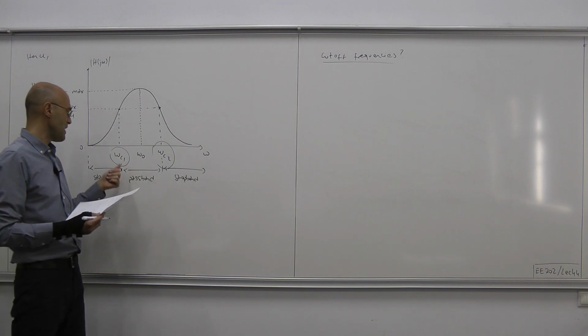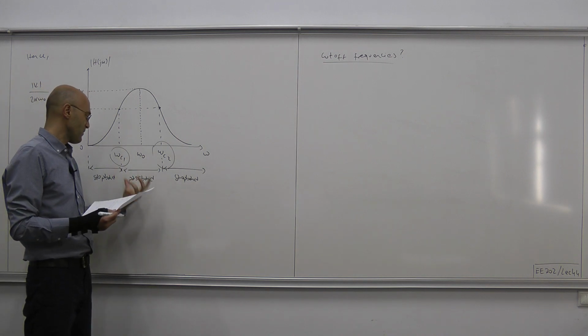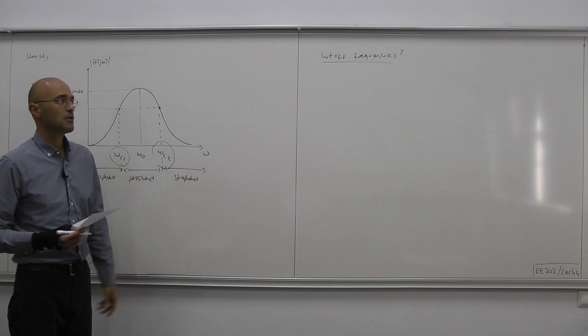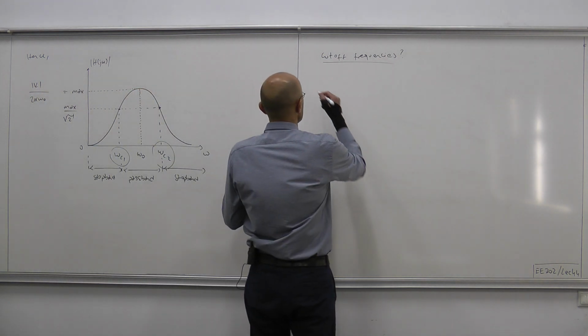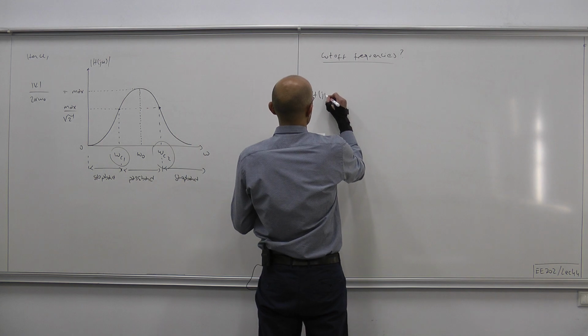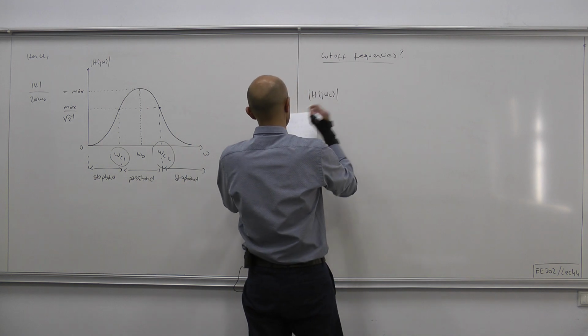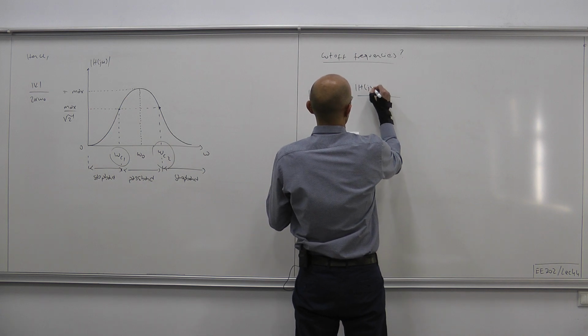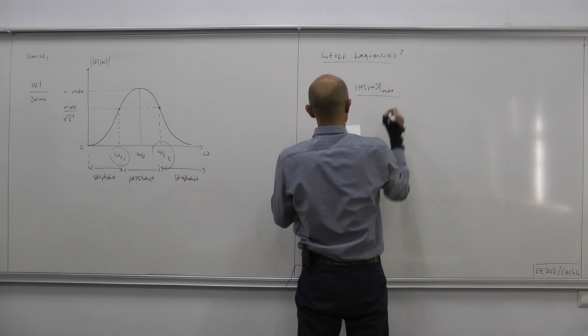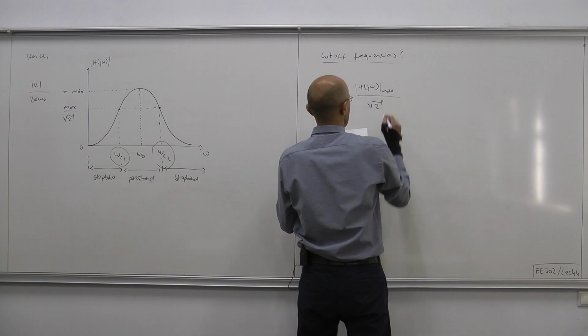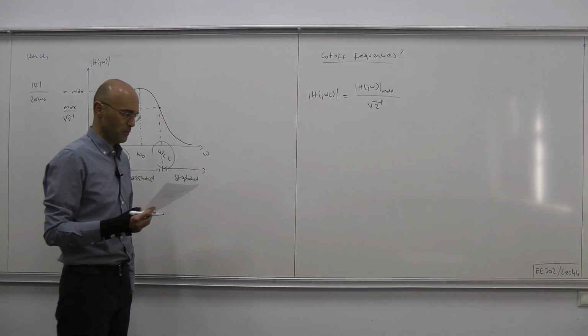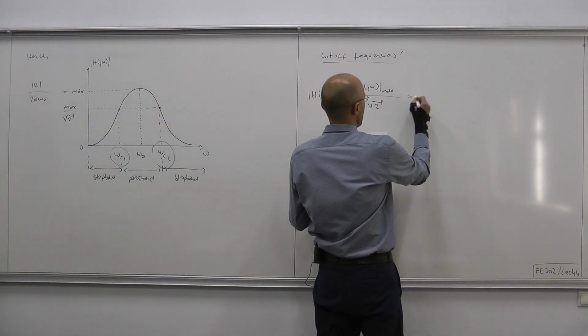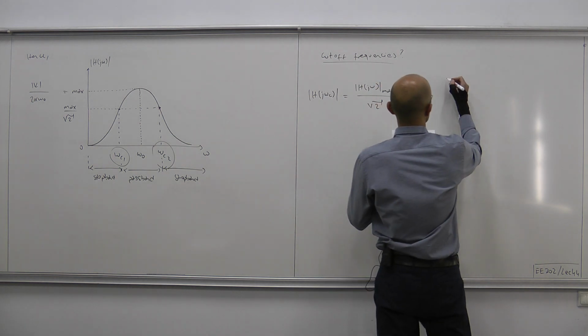Those frequencies mark the border between the passband and an adjacent stop band. So |H(j omega C)| by definition equals |H(j omega max)| divided by square root of 2.